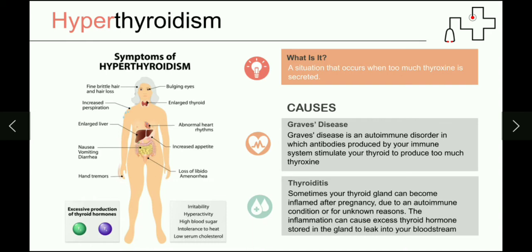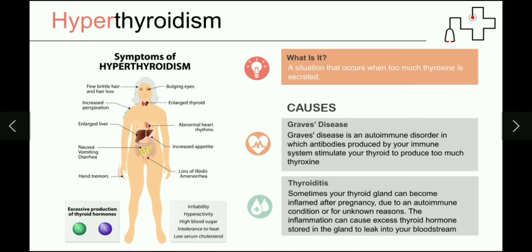So as for the symptoms, for hypothyroidism, we have weight gain, and then we have constipation and poor appetite. However, it is the other way for hyperthyroidism. For hyperthyroidism, we have nausea, vomiting and diarrhea, increased appetite, and excessive weight loss.